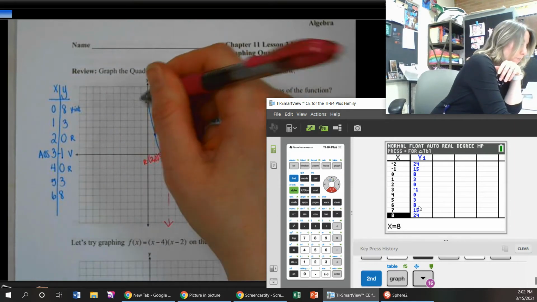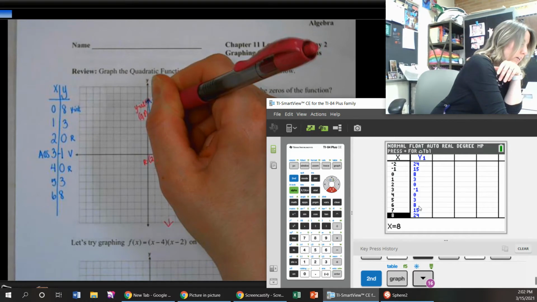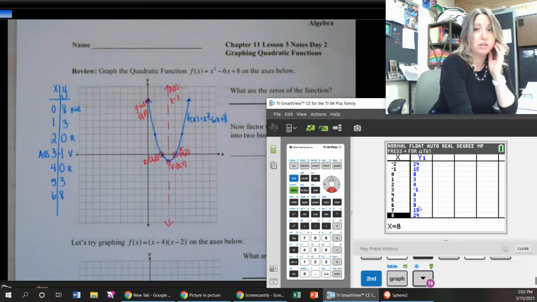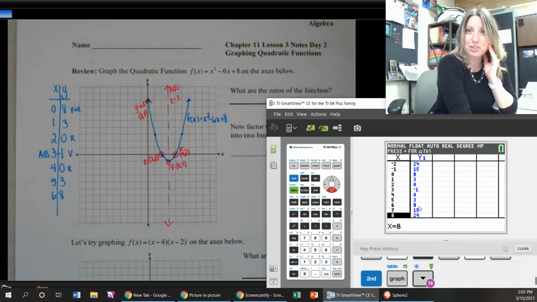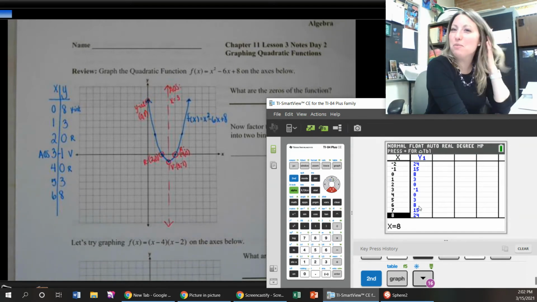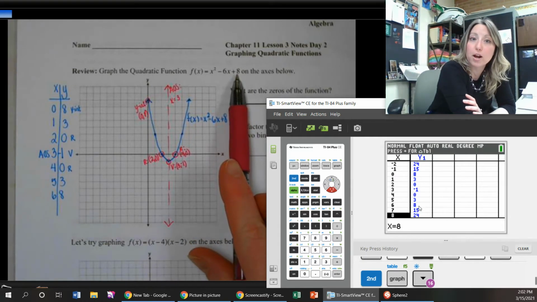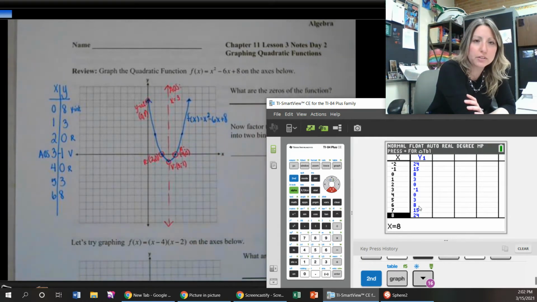And my y-intercept right here is 0, 8, the one where my x value is 0. And the matching y value is actually just the number at the very end when we're in standard form, right? The C term.